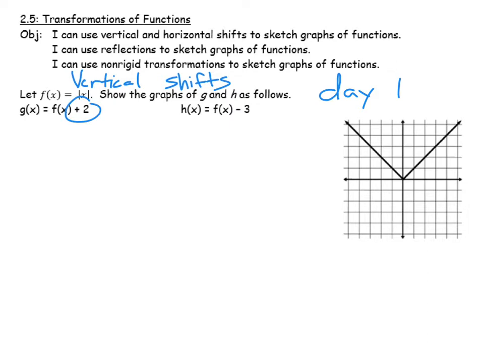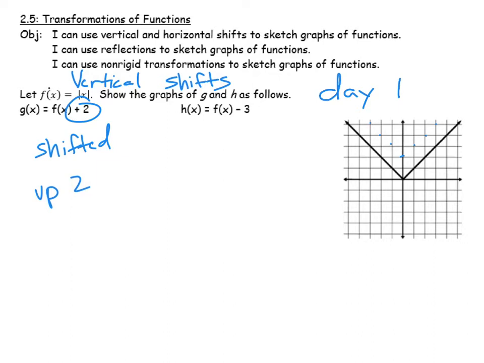Right here, what that plus 2 does to your graph is it shifts it up 2. So if I were to create a graph of g of x, I'm going to take each point on the black graph, which is f.